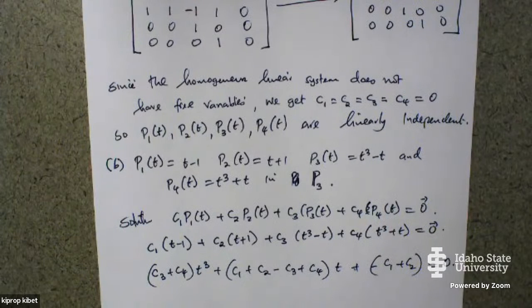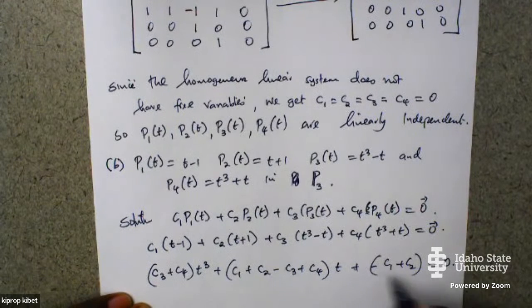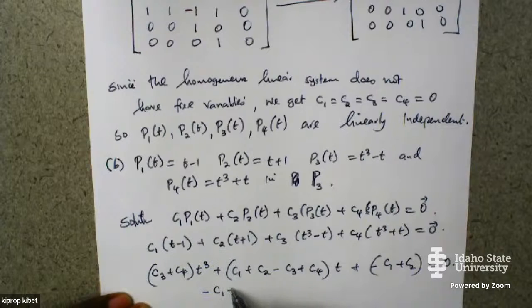So we now form the homogeneous linear equations from the constants there. We can start from the constant here: minus C1 plus C2 equals to 0.